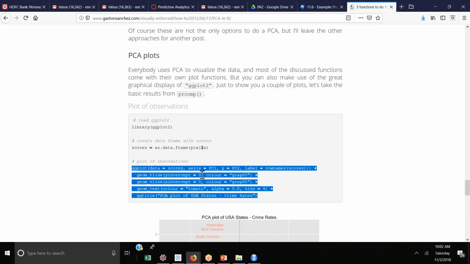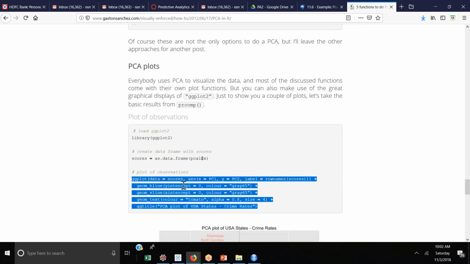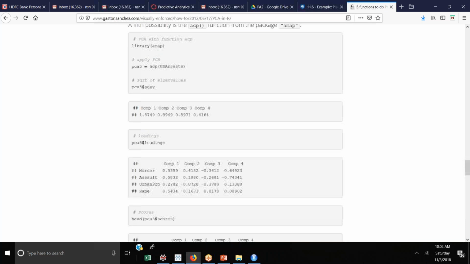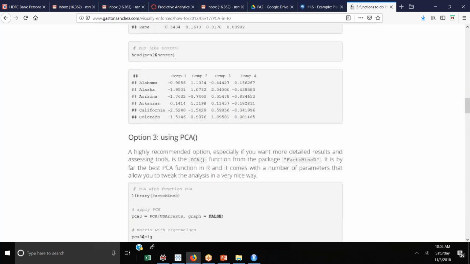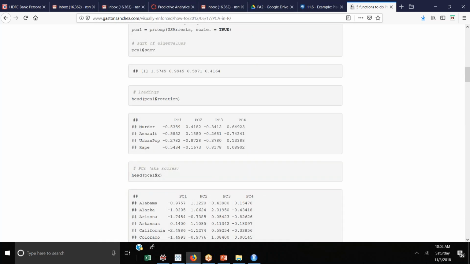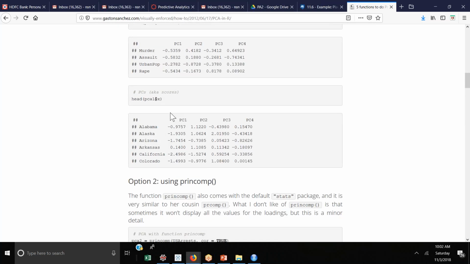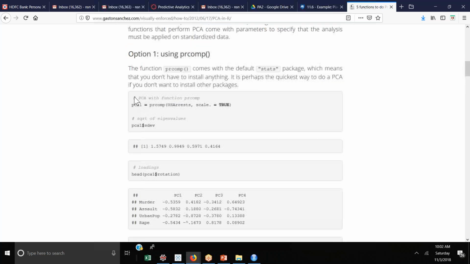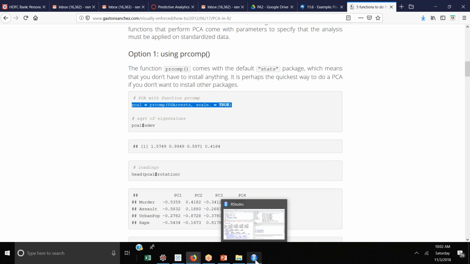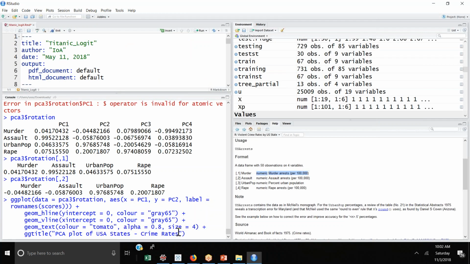I'm using PC1. Here is the first method. Okay, prcomp. That's the right one. PC1 is the right one. So I just have to name it correctly. I'm going to use this PC1 or PC3. I think everything will fall into place.